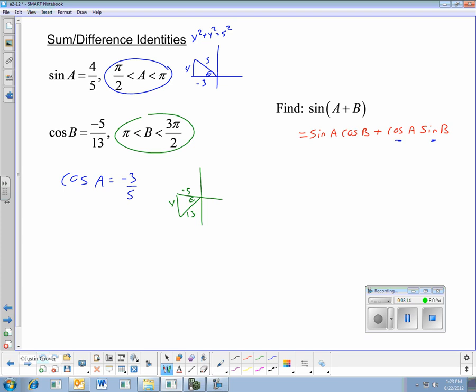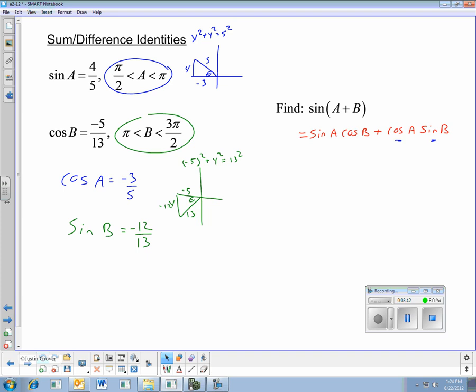So sine of angle B, opposite over hypotenuse, well, I need this value. Again, I can do the Pythagorean theorem here, negative 5 squared plus y squared equals 13 squared. But this is also a Pythagorean triplet that I know works out to be 12, or negative 12, because like I said, the y value is below the origin, so negative 12 over 13.